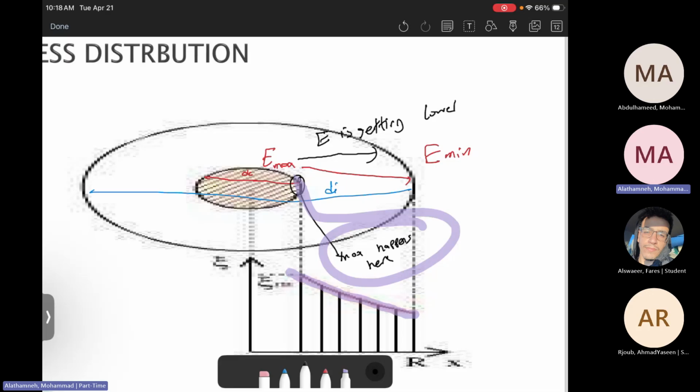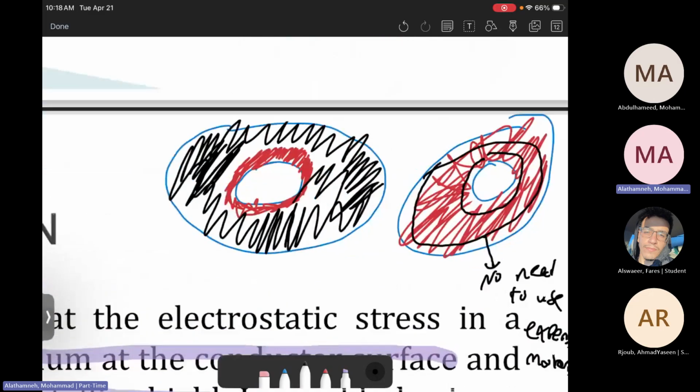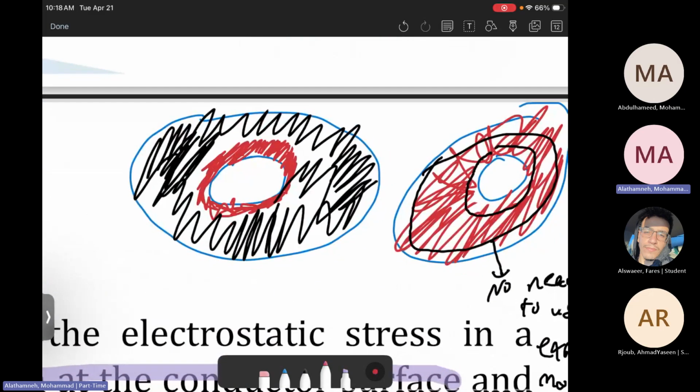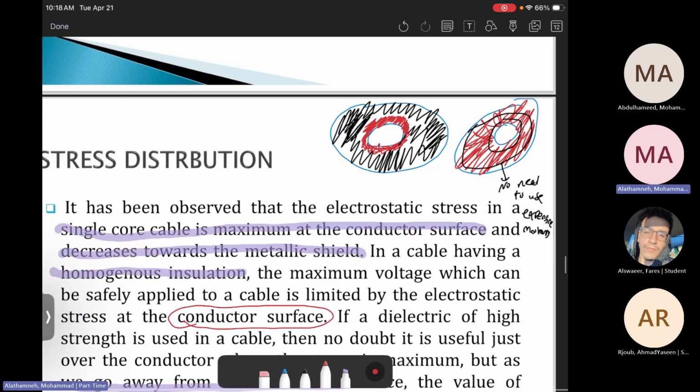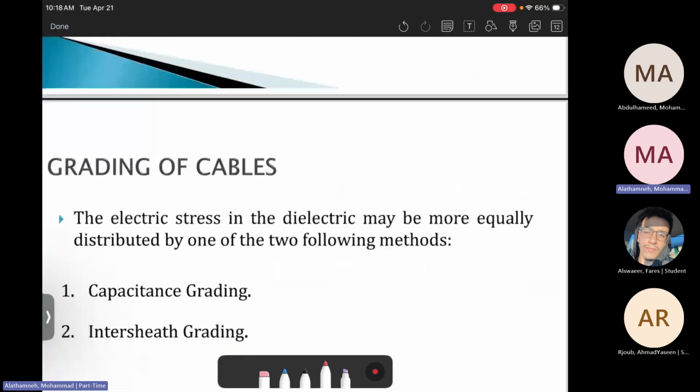So what we need to do, can we make it as a layer? What do I mean by layer? Like the same thing as I did here, make the material close to the conductor expensive, and make another layer of material outer or away from the conductor cheaper with lower conductivity. And that's the idea.